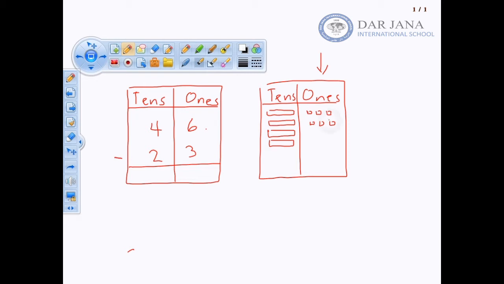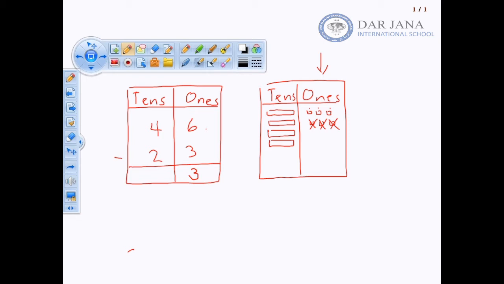Let us do it. 1, 2, 3. So now, let us count how many are left. Count with me. 1, 2, 3. So we are going to write 3 in the ones column. So 6 minus 3 is equal to 3.